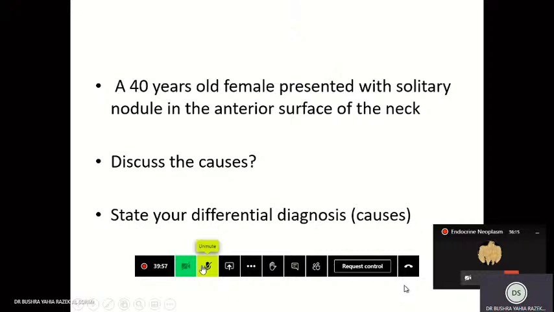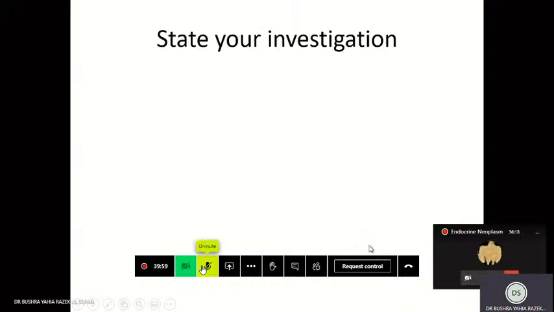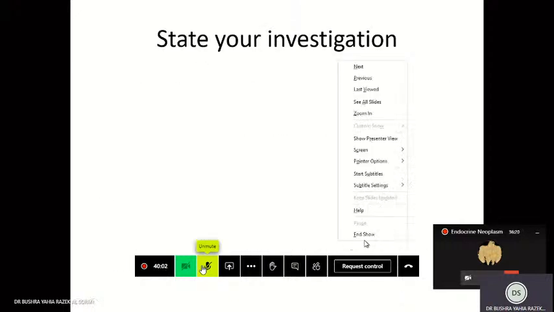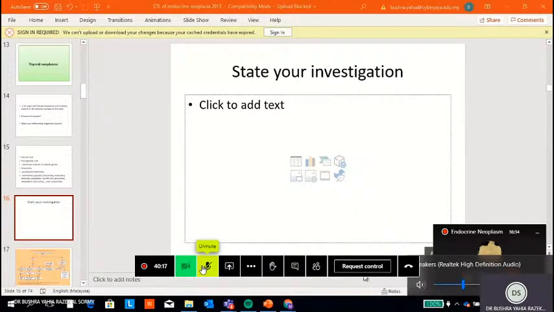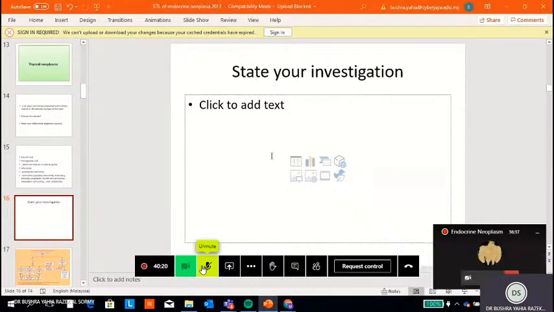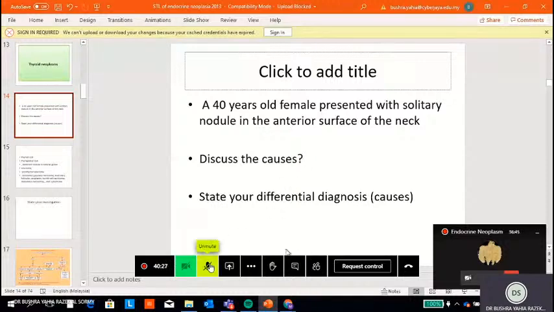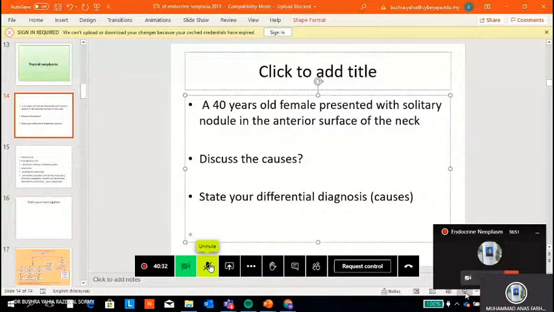Like thyroiditis. If thyroiditis, it will be diffuse, isn't it? But we said solitary nodule. So, what else? Mumps.